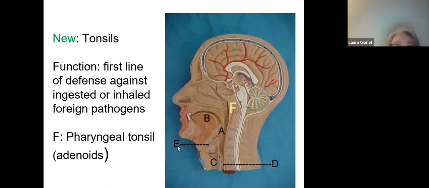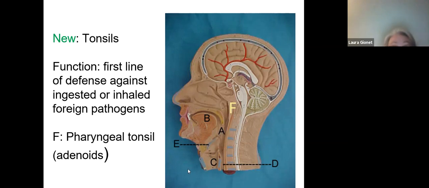And where we have entrance points into the body, we need to have some kind of a lymphatic organ to monitor, in this case, the contents of air breathing in and out, where it's entering in the nose and through the nasal cavities, or food that's entering, at the level of the tongue, in the throat.